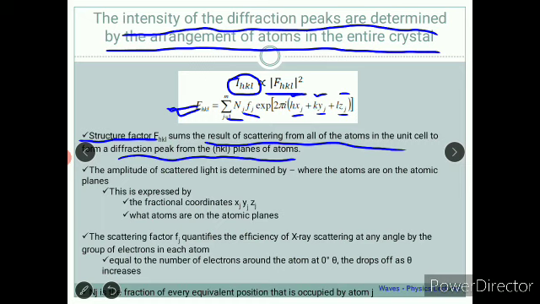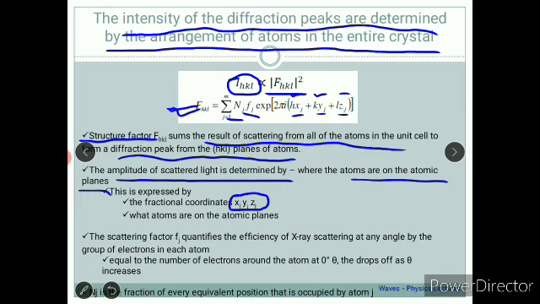The amplitude of this scattered light is determined by where the atoms are on the atomic plane. Obviously if they are very well aligned, one below the other, then we are going to get a very intense diffraction peak, but their exact position depends on the coordinates at which the atoms are placed. These are fractional coordinates.